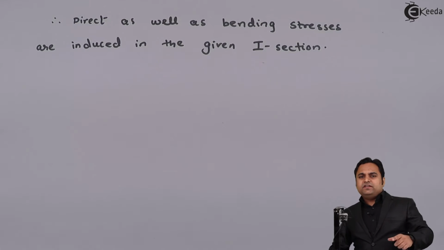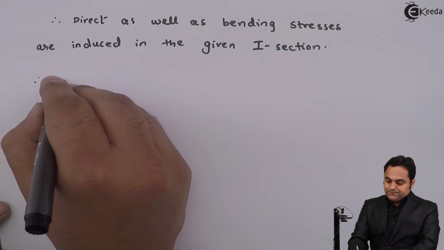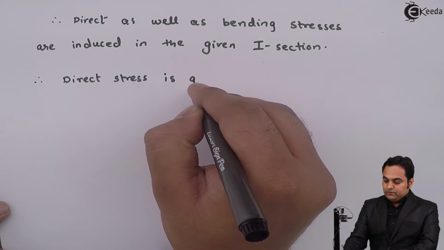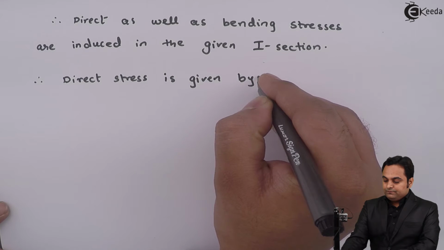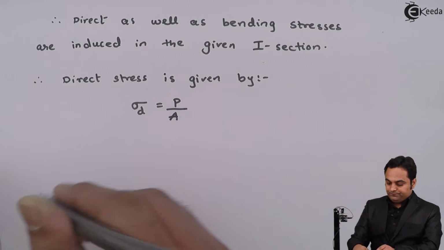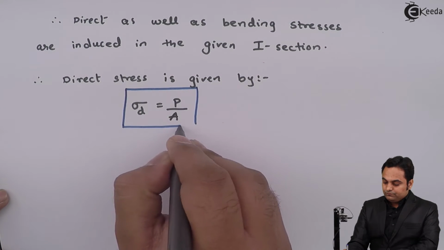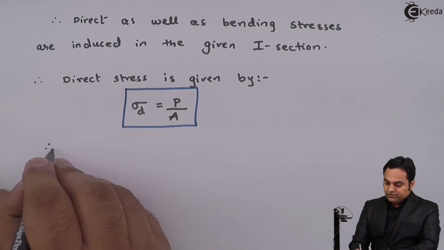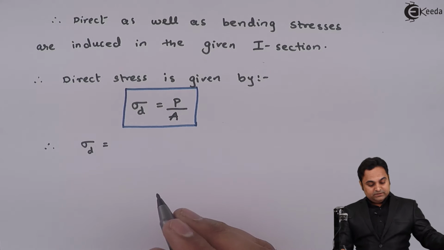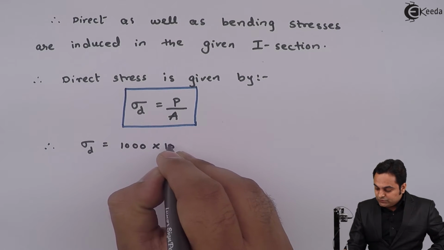Now first thing is we would be calculating the direct stress. I'll say that therefore direct stress is given by sigma d is equal to P upon A. So therefore direct stress becomes, load is given as 1000 kilonewton, so it is 1000 into 10 raised to 3.